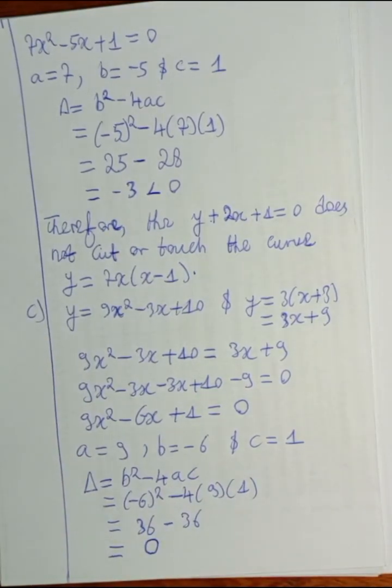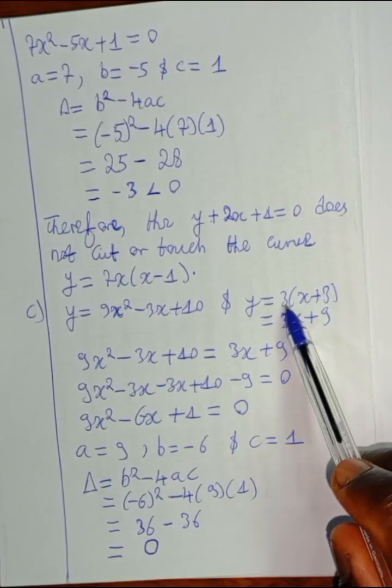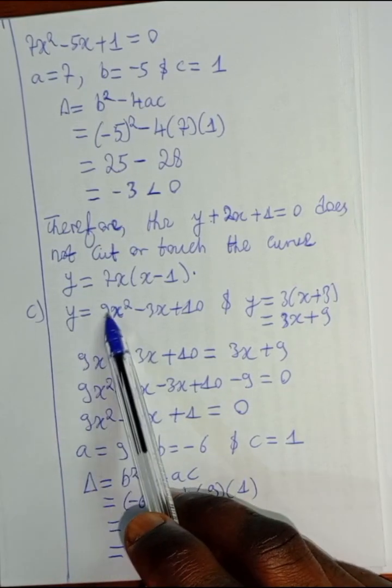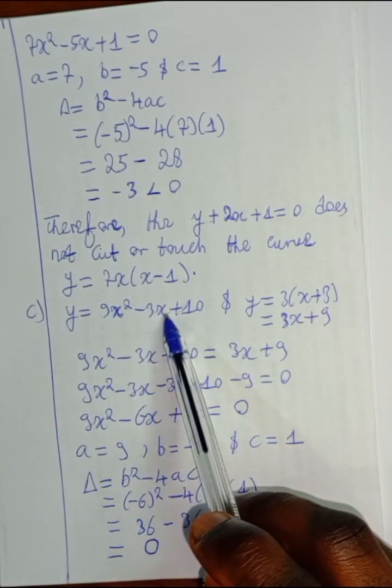The discriminant being equal to 0, it therefore means the line y equal to 3 times x plus 3 is a tangent to the curve 9x squared minus 3x plus 10.